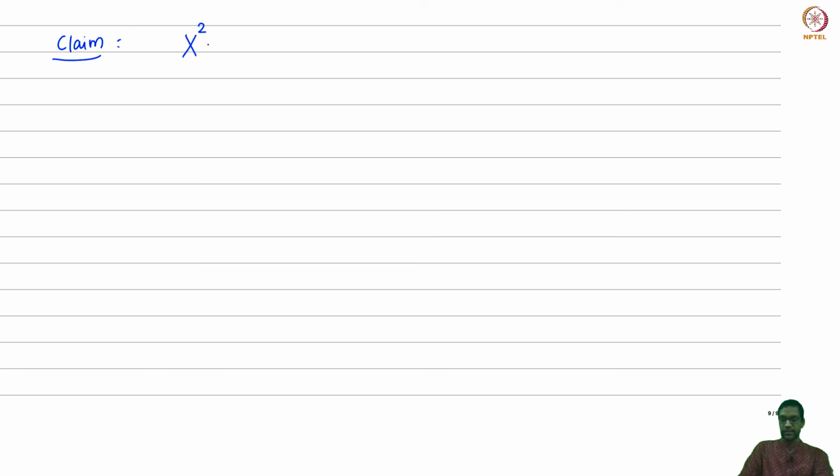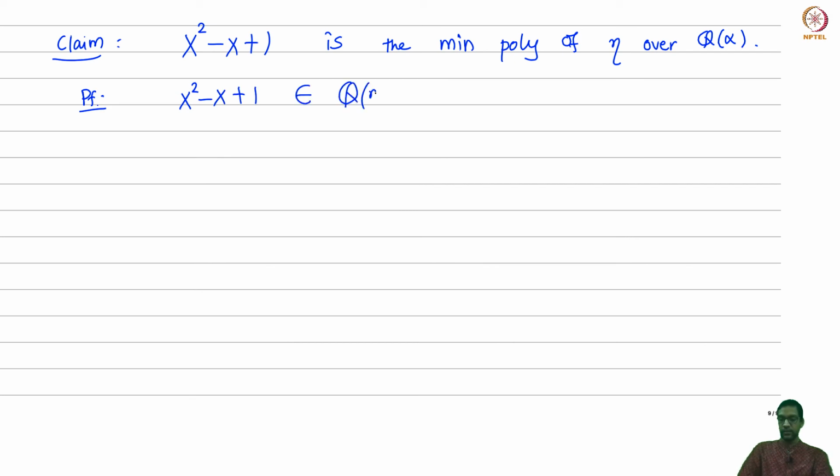The same polynomial x square minus x plus 1 is also the minimal polynomial of this element eta over the base field Q(alpha). Proof: this polynomial certainly has coefficients in Q(alpha)[x]. Why? Because the coefficients are in Q, so they are surely in Q(alpha).